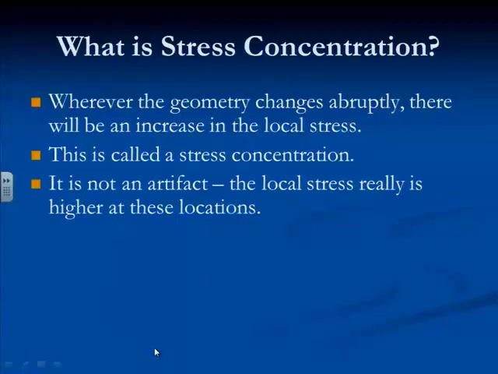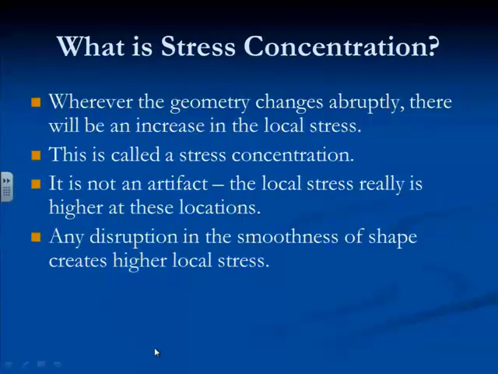Now, it's important to understand this is not an artifact. This is not some funny business. It's really there. There really is higher stress there, and you can see that if you do a finite element analysis. But when we're doing hand calculations, or I call these classic calculations, using classic formulas, whether I use a computer or not, as opposed to finite element methods, I'm limited by my formulas to calculating for the general case.